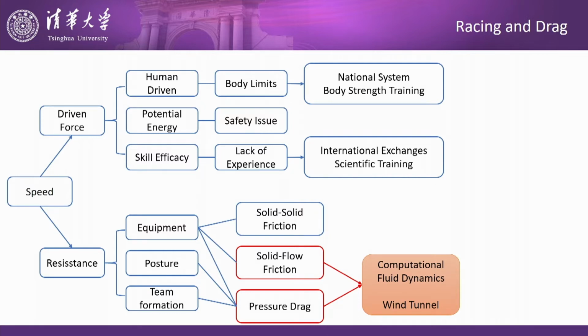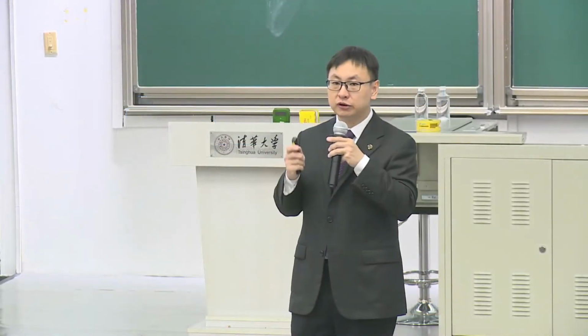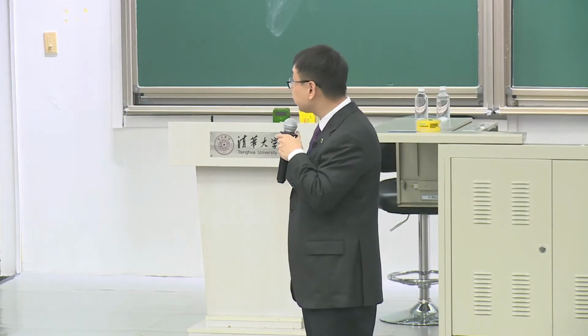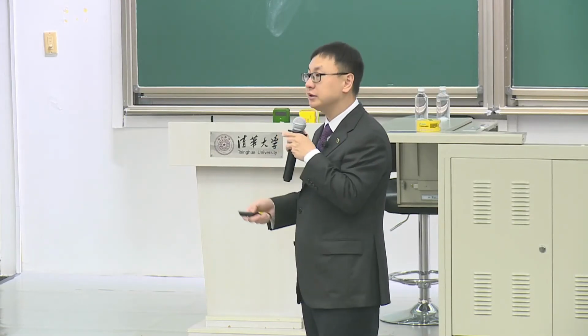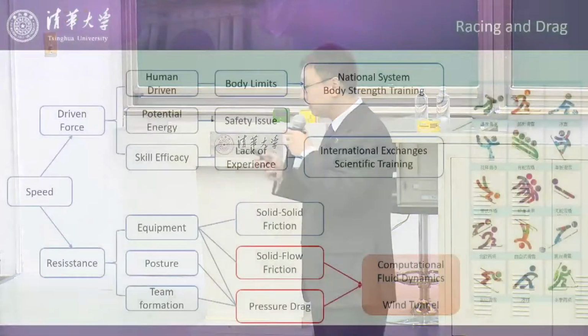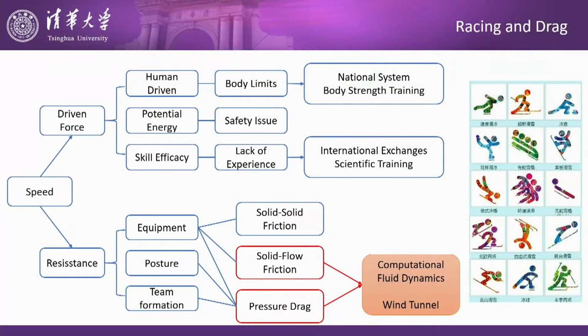Okay, solid-flow friction and the pressure drag. So to solve them, we have wind tunnel for experiment, and we have computational fluid dynamics for simulation. Later, you will see a lot of CFD results. It's as important as the wind tunnel. All right, so we have applied this roadmap to all the winter sports already.